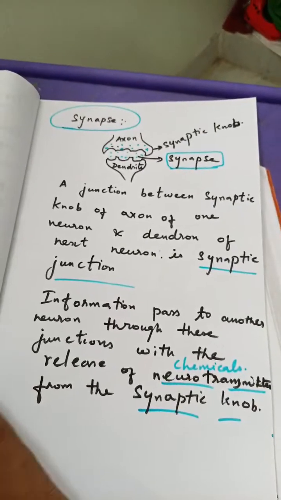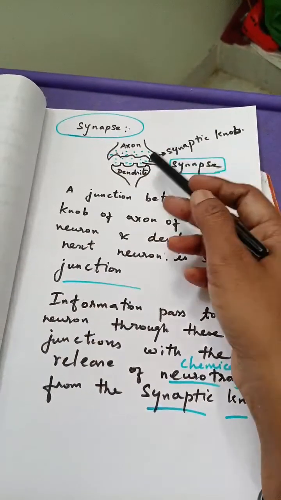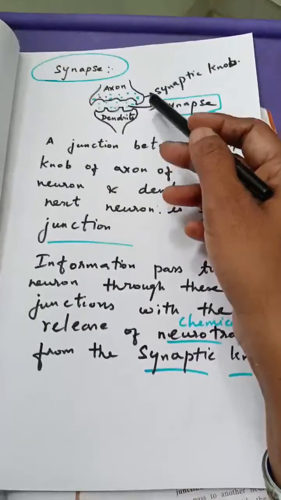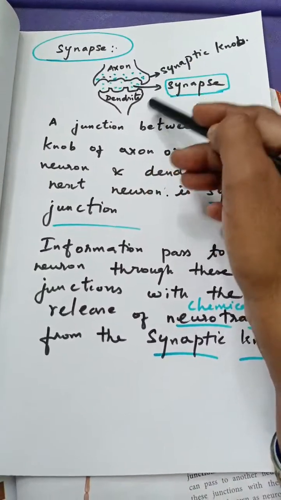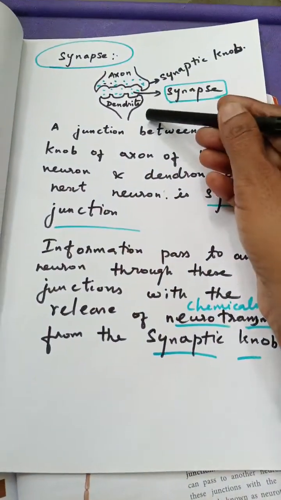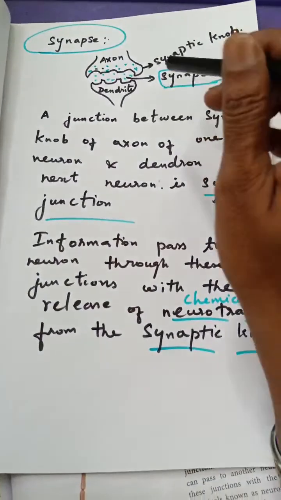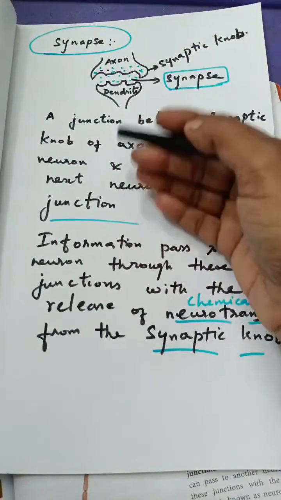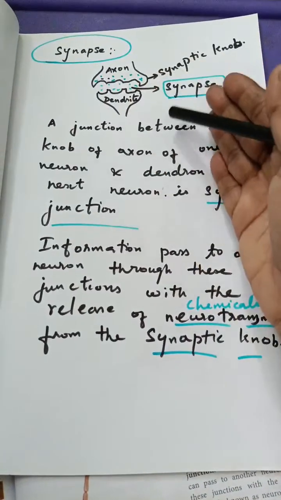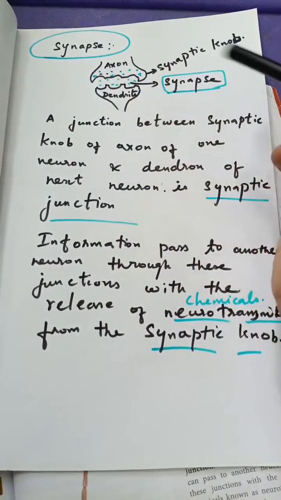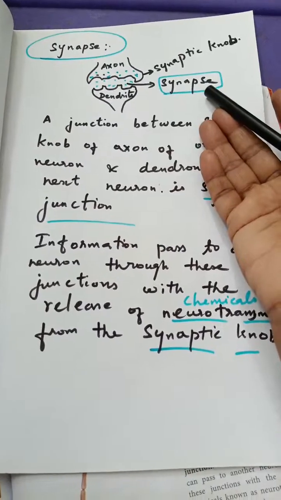Clear? So through the synaptic knobs, it enters the space between one neuron and another neuron, the synapse, and it is acquired by the dendrite of another neuron. Like this only, the information is passed continuously from one nerve cell to another nerve cell.